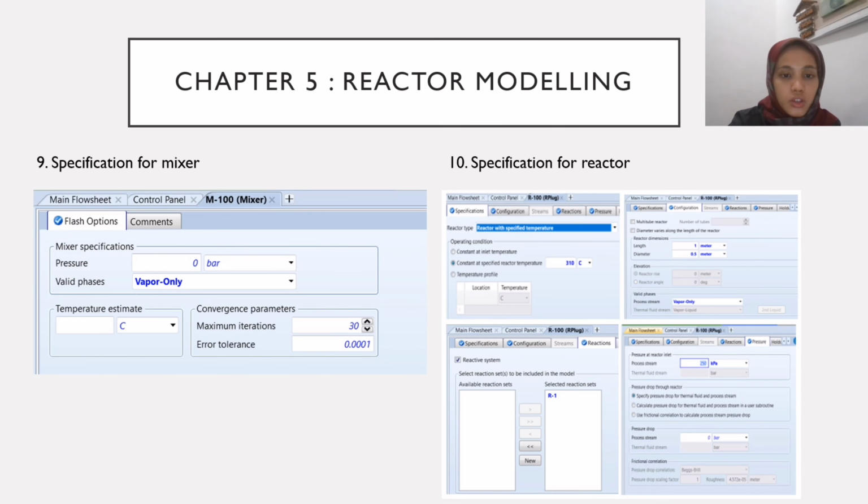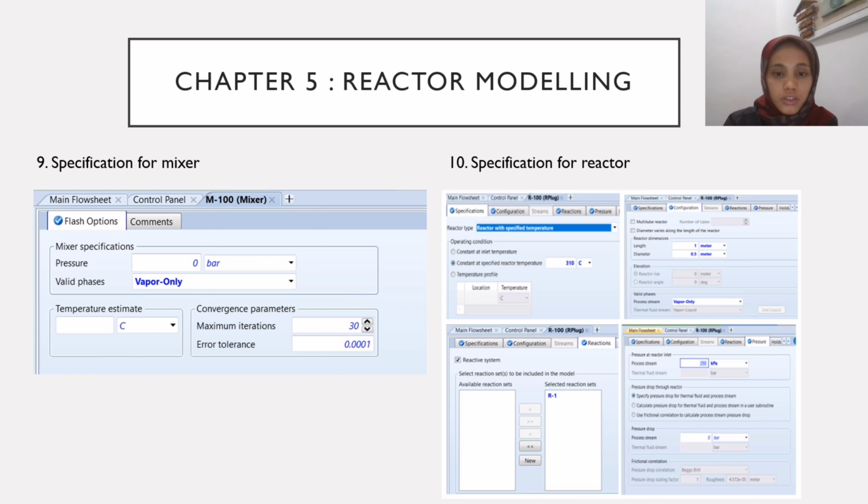Next is the specification for mixer. For the mixer, pressure is assumed to have zero pressure drop with only vapor phase existing. For the reactor, the reactor temperature was set at 310 degrees Celsius. The diameter of the reactor used is 0.5 with an initial length of 1 meter.